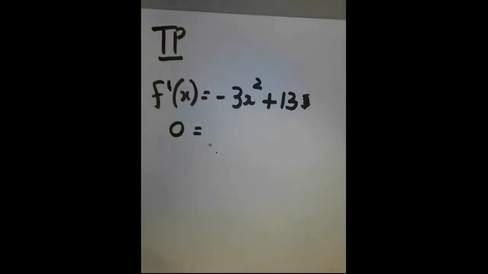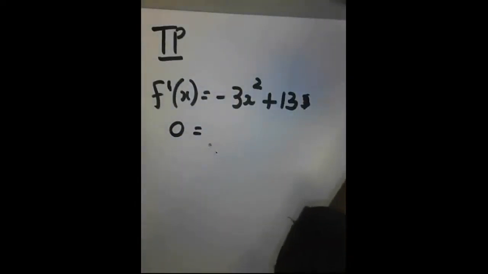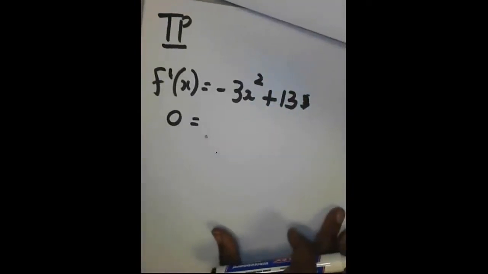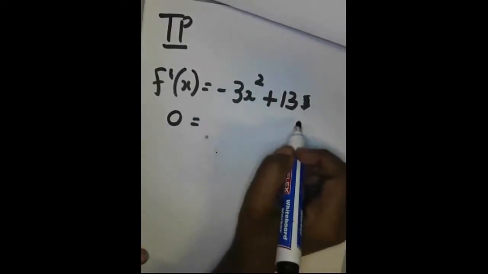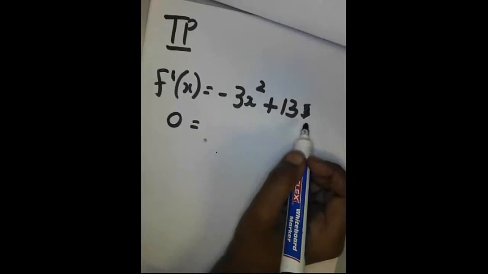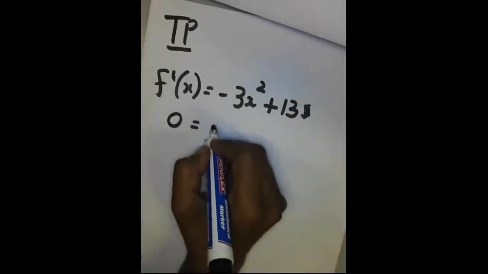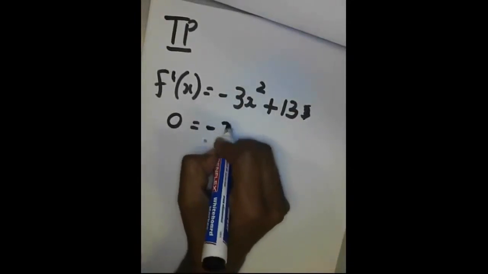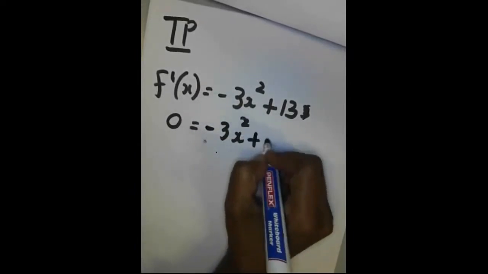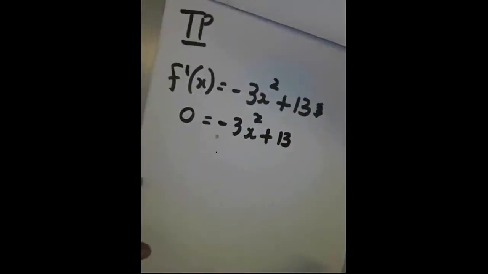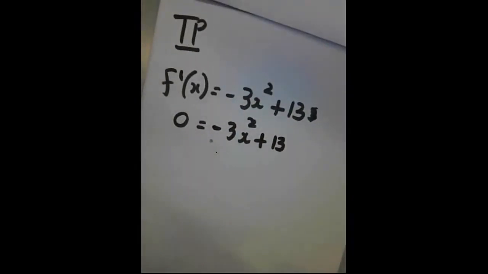No, my graph is correct. I'm still going to get a quadratic equation. Can you see I've still got a quadratic equation? Even though the numbers might not look suitable, I still get numbers.